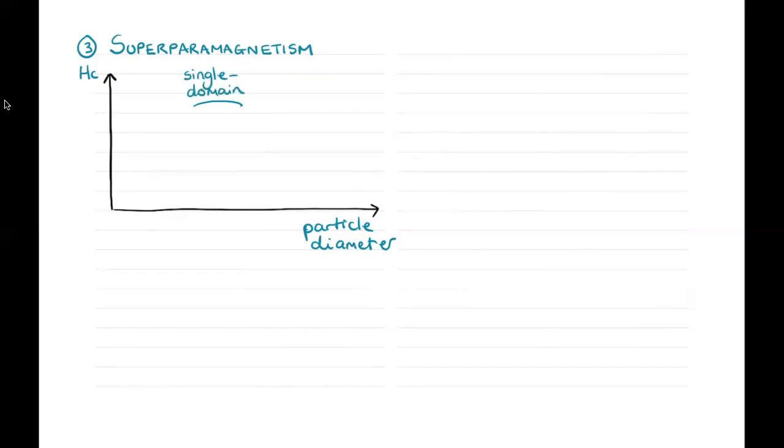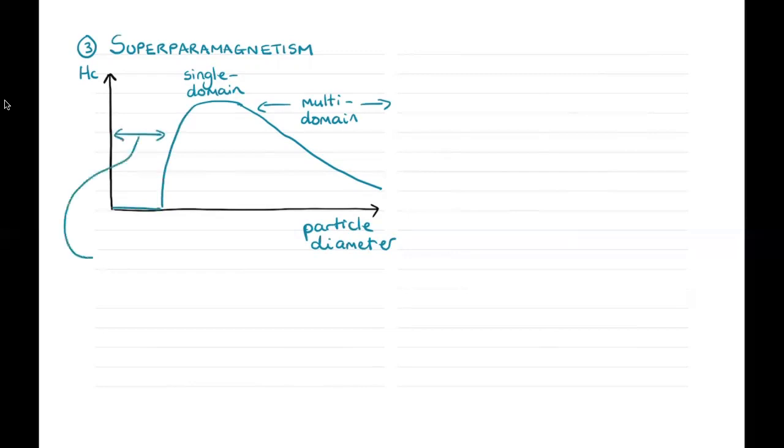If we go to larger particle sizes, the coercivity will generally drop off as our particles become multi-domain. But if we make our particles too small, then the coercivity actually drops to 0, and this region here is the superparamagnetic region.